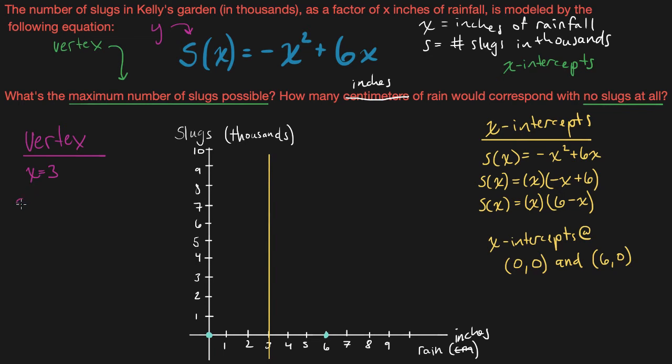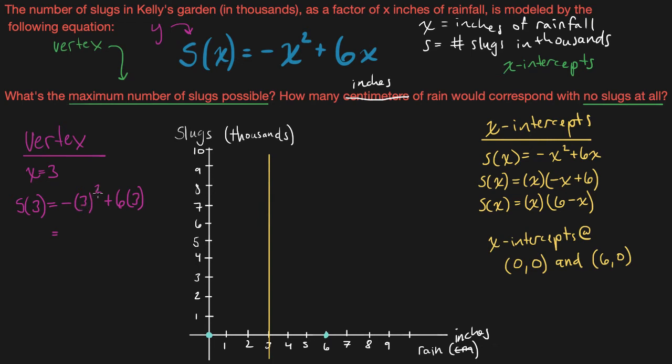So we have s of 3. Remember, I just replaced x with 3. s of 3 is equal to negative 3 squared plus 6 times 3. And again, I just replaced my x's with 3's, and I can simplify what I have on the right-hand side here.